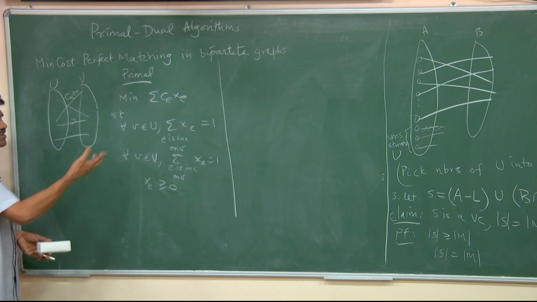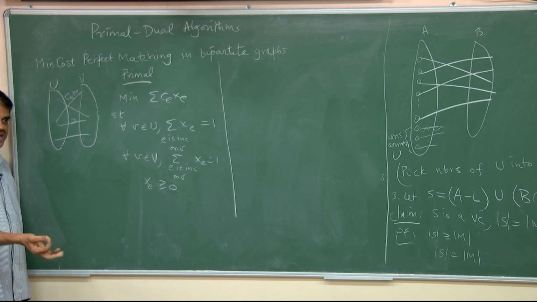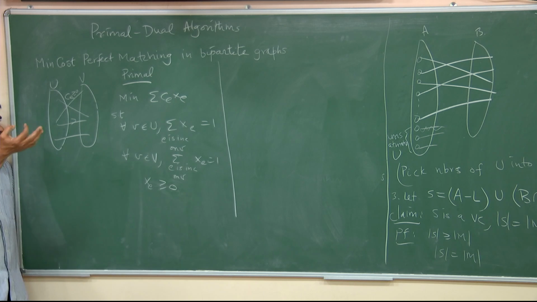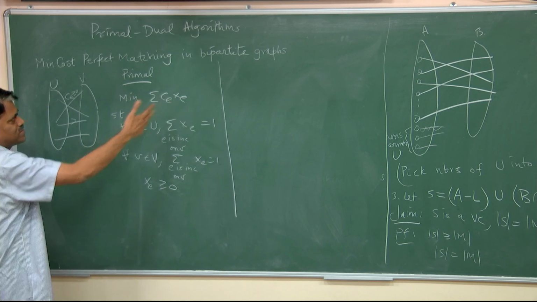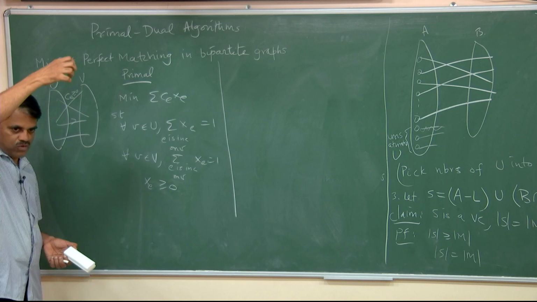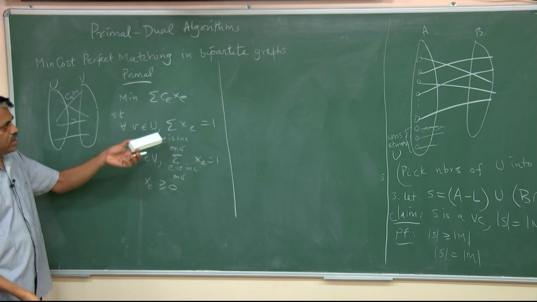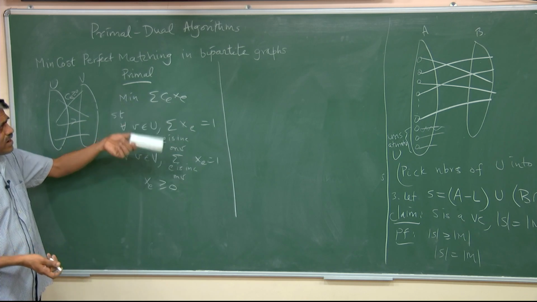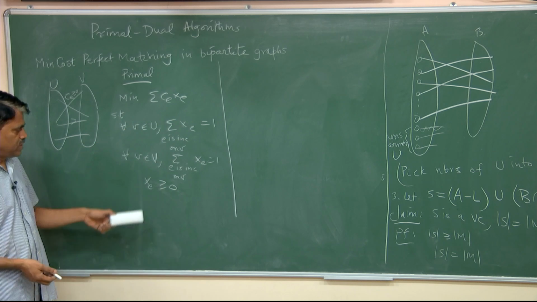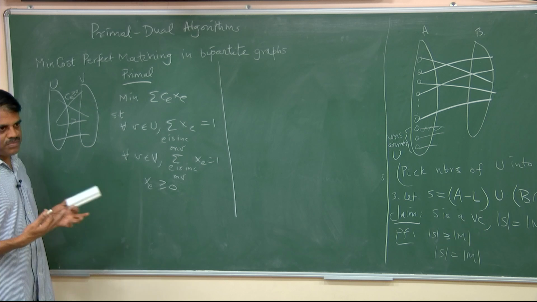So I just want the sum to be 1. What is the need for me to make any x_e greater than 1? It will be less than or equal to 1 anyway. And also it's a minimization problem. So if any x_e goes above 1, bring it to 1 and you will still meet the constraints. In fact, any x_e greater than 1 won't meet the constraint. Okay, so this is my primal LP.